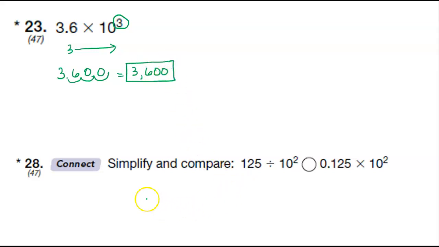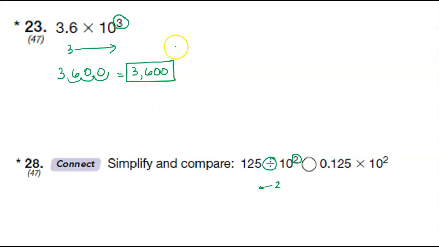Okay. And then 28 says simplify and compare 125 divided by 10 to the 2nd, or 0.125 times 10 to the 2nd. So if I'm going to divide, then I'm going to take my imaginary decimal here and I'm going to go to that direction.